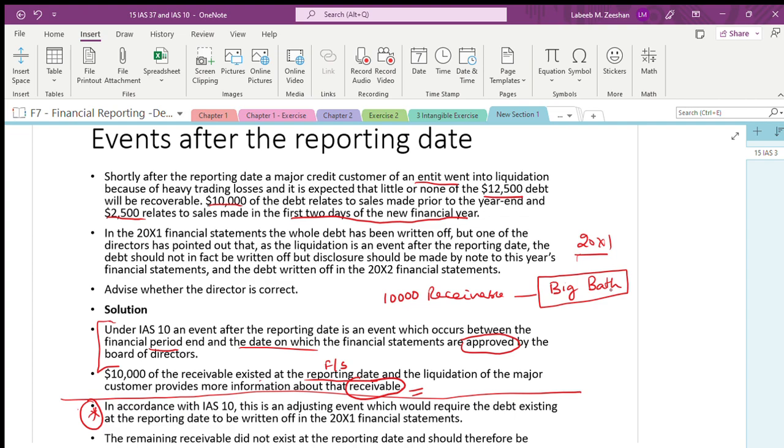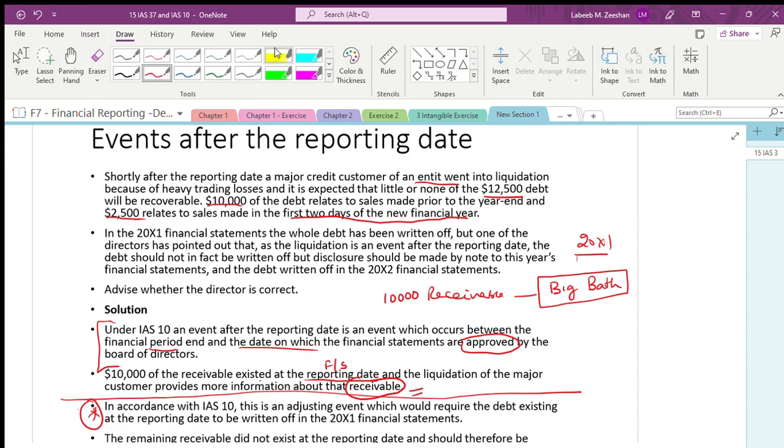They are expecting that there is little or none lost. Still they have the hope that it will be recoverable, meaning the major customer provides more information about the receivables.